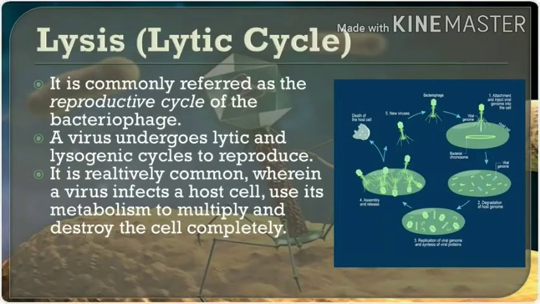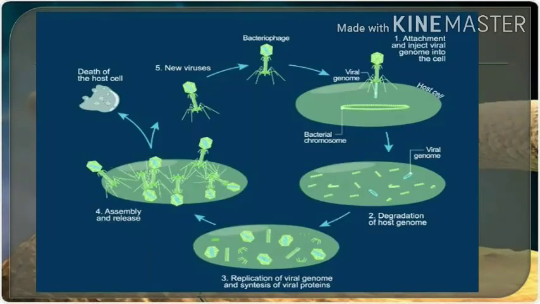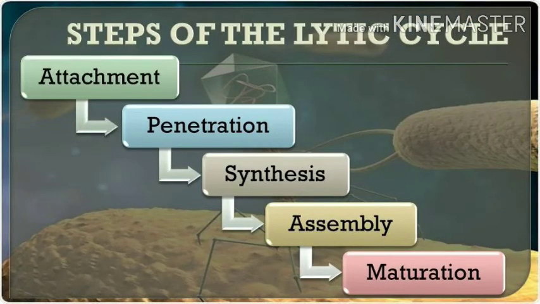The lytic cycle results in the destruction of the infected cell and its membrane. It has 5 stages. These are attachment, penetration, synthesis, assembly, and lysis of the new virus.